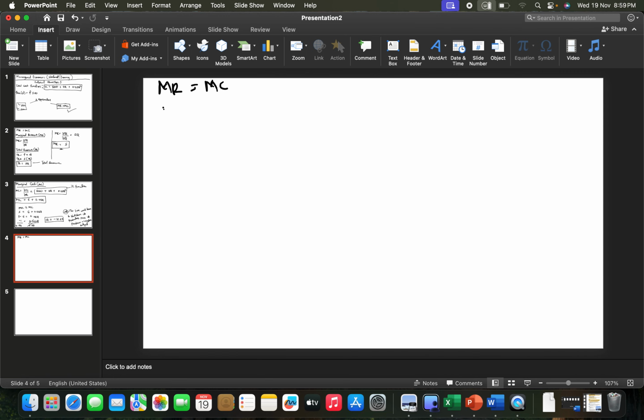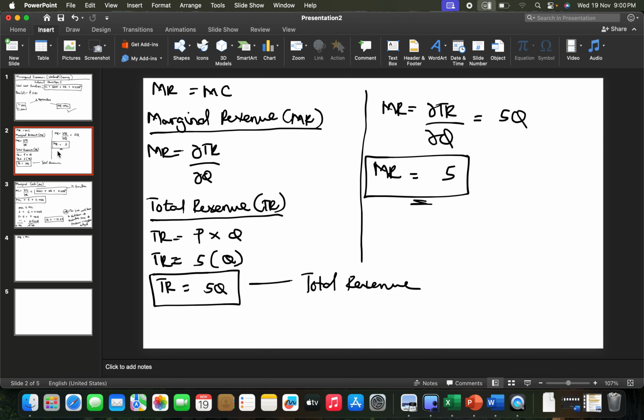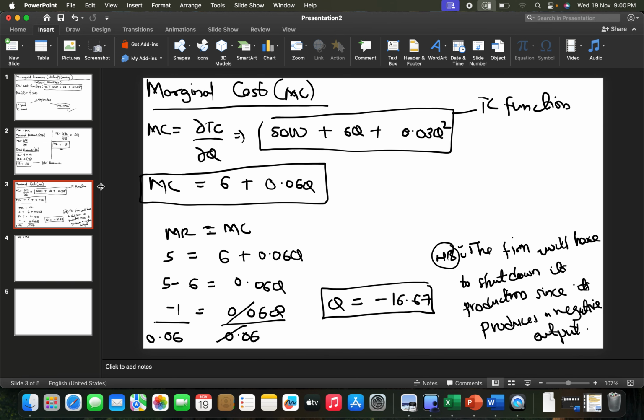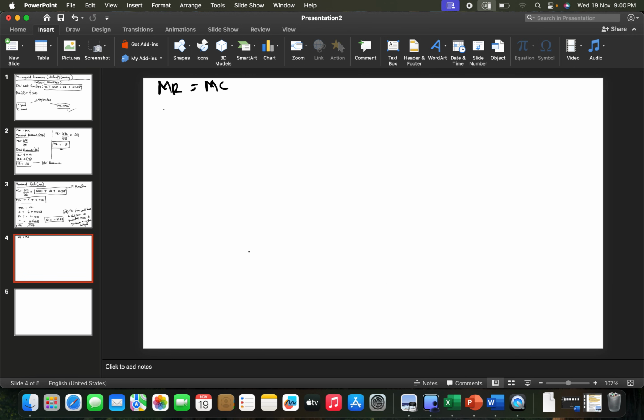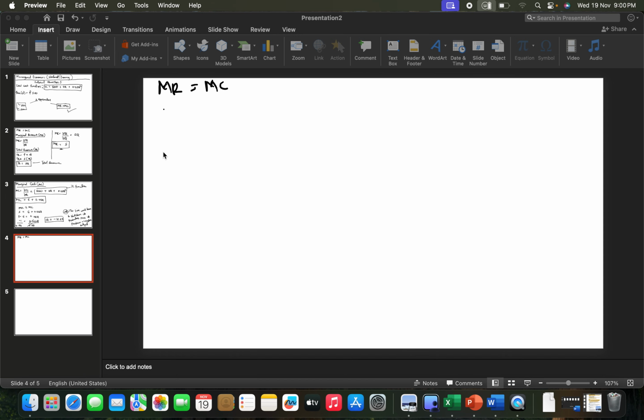So now the next one, we are saying that the same condition, MR should be equal to MC. We've already done that. So we move straight to the II part of the question, which is calculate the profits of the firm.